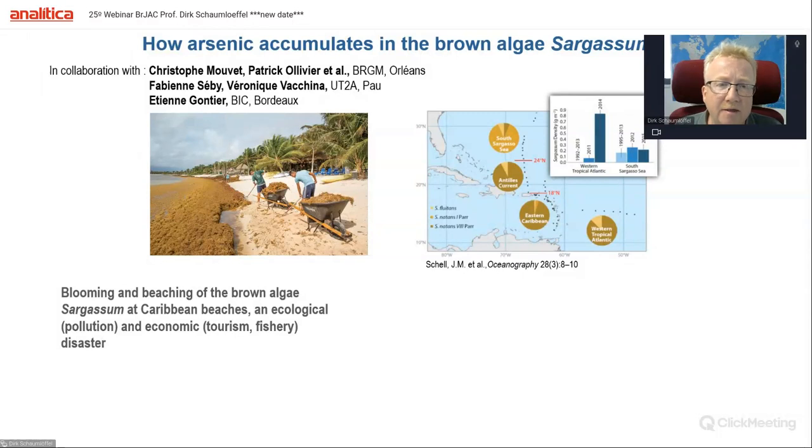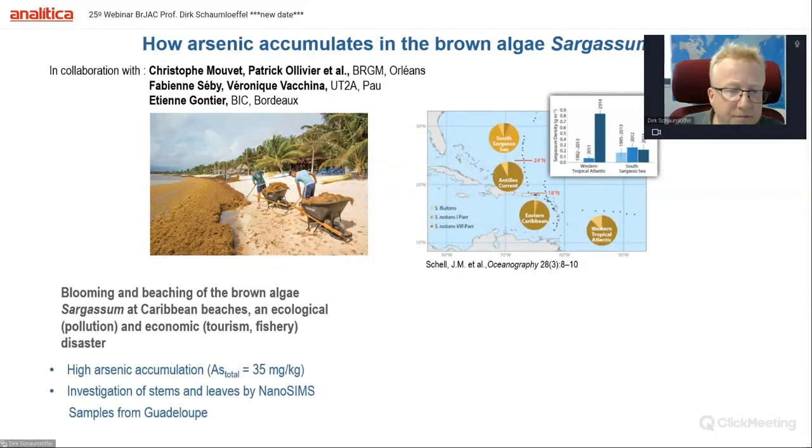The problem behind this is that there is blooming and beaching of the brown algae Sargassum at Caribbean beaches, and it's more and more an ecological and economic disaster, because there are more and more of these Sargassum algae on the beaches of these islands, the French islands Guadeloupe and Martinique, and therefore we did this project.